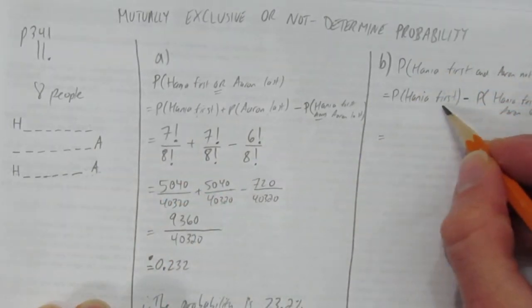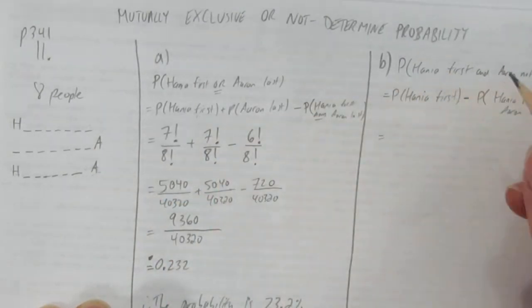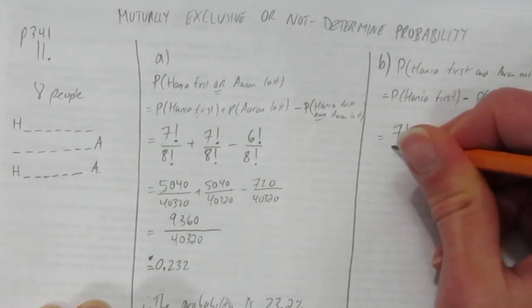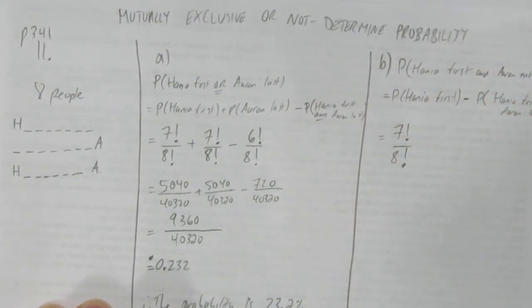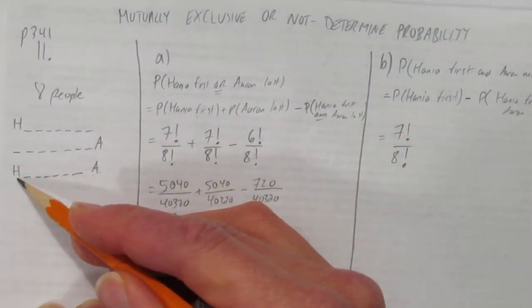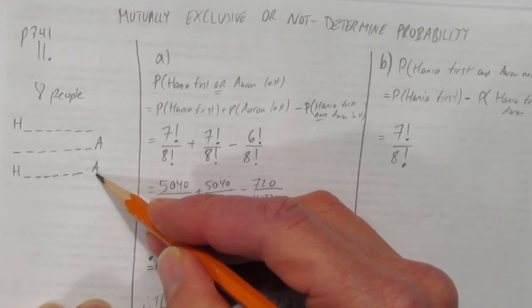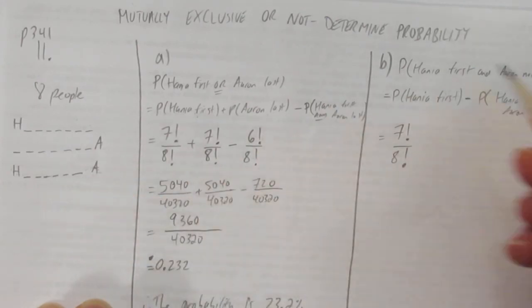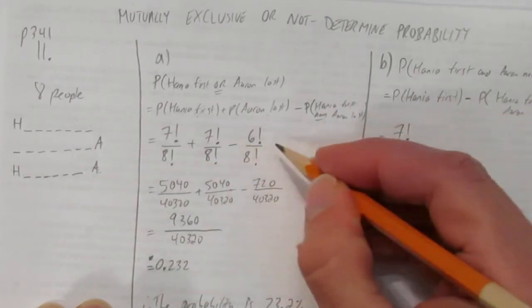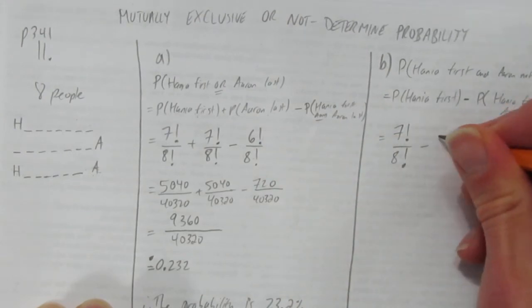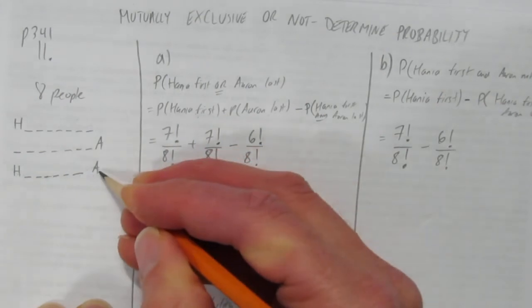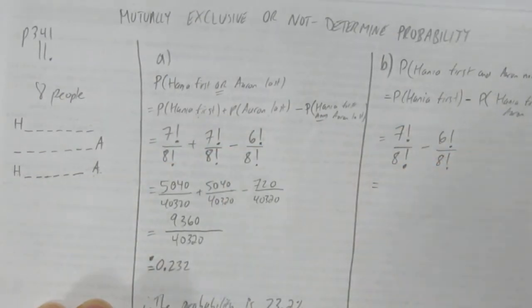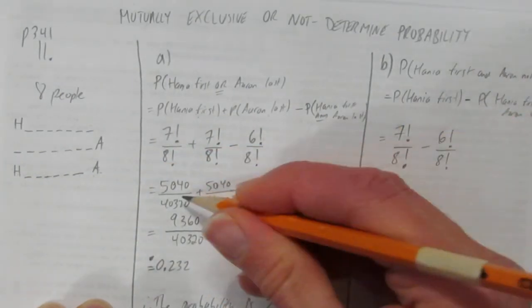So how many ways are there where Hania can be first? Well, we already figured that out. It's just 7 factorial over 8 factorial. Take away the probability of Hania first and Aaron last. How many ways can that happen? Well, there are 6 factorial over 8 factorial ways. We knew that from the last question. So if we take this away, we'll be subtracting out all the cases where Aaron's last. And now it's easy to figure out. We already know what these fractions are from the last question.